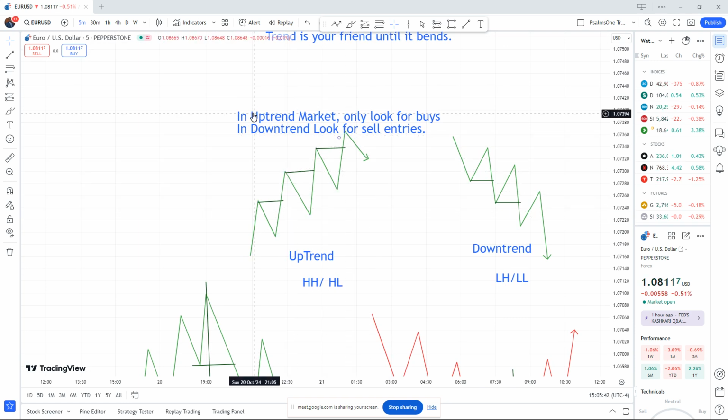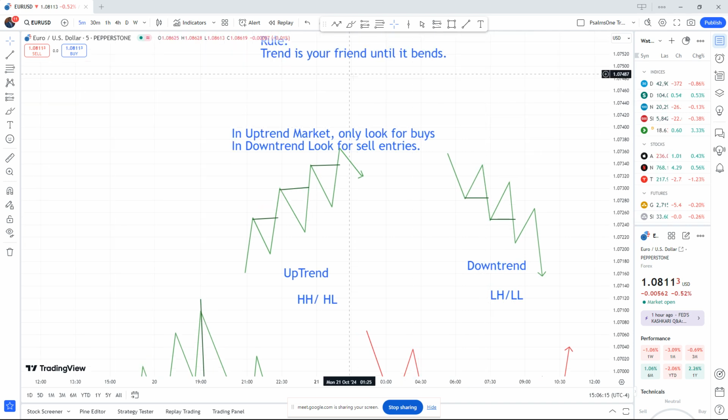Don't forget that we have two types of trends. In an uptrend, you expect the market to make higher highs and higher lows, so you should only be buying. In a downtrend, you expect lower highs and lower lows, so you should only look for sell opportunities.